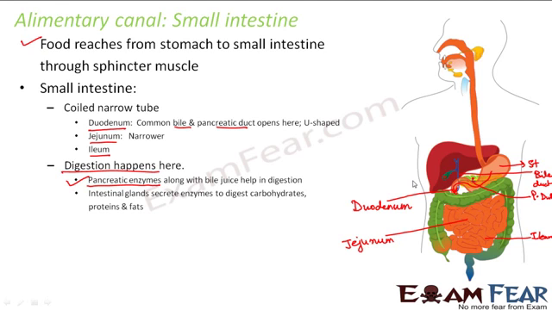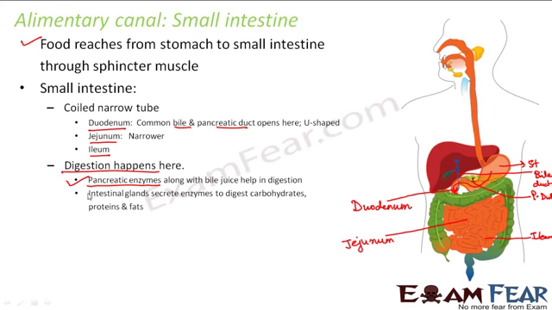The bile juice which is present in the duodenum will make that acidic food alkaline. Once the medium becomes alkaline, the pancreatic enzymes will be able to act on the food. The pancreatic enzymes have trypsin, pancreatic amylase, and pancreatic lipase. So the digestion of proteins, carbohydrates as well as fat will take place.